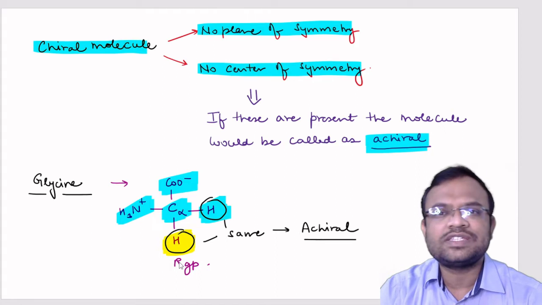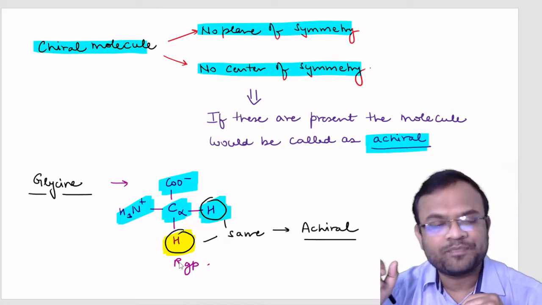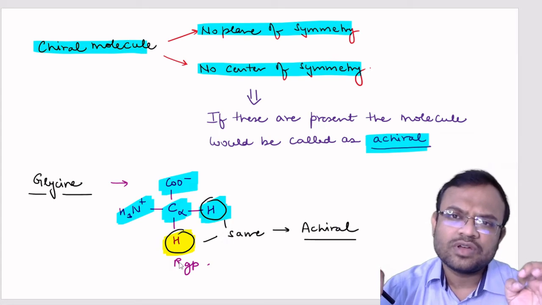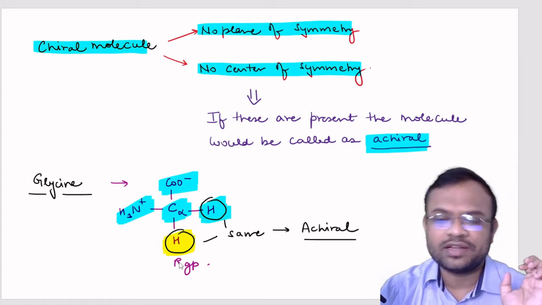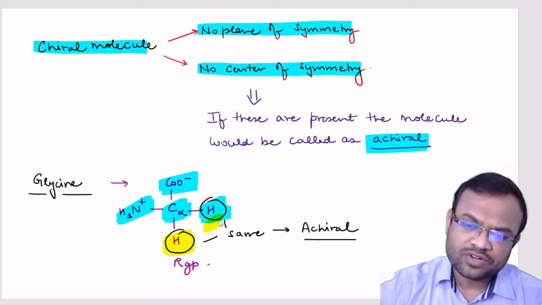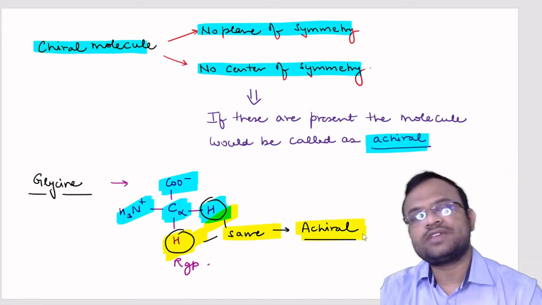That is why we say that glycine is achiral, it is not chiral. It is the simplest of amino acids, and it is also achiral in nature, because this hydrogen as well as this hydrogen are the same.